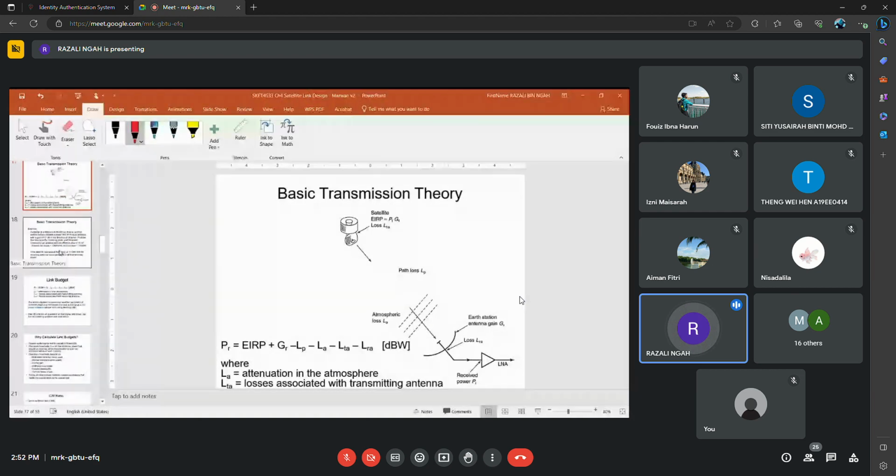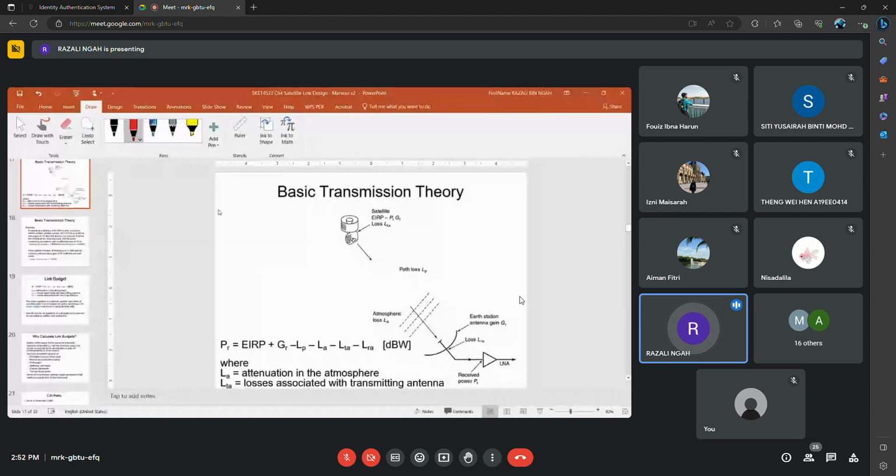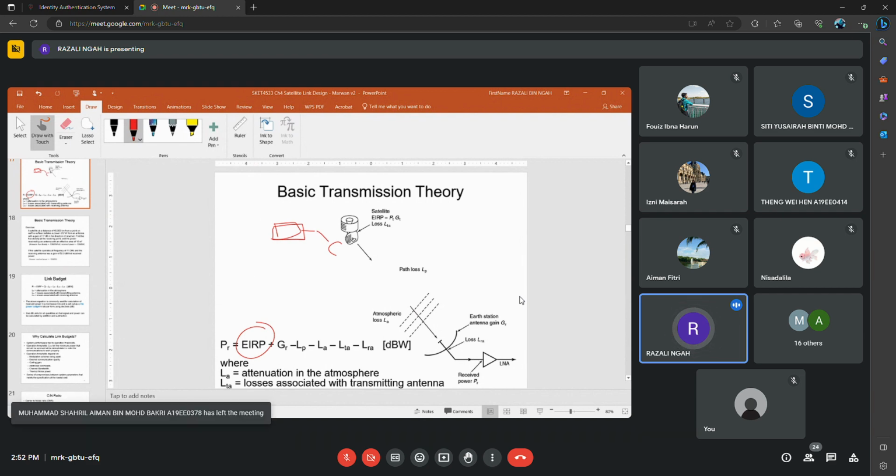Okay, so far we talked about EIRP, right? From the power amplifier until the antenna. In a satellite, which is normally a transceiver, we transmit and receive.